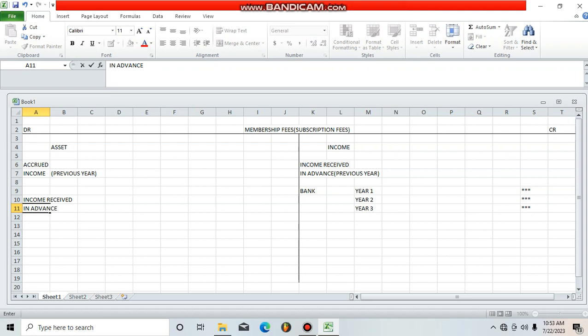This is the current year. Always, guys, please note this: you just take the last amount for the bank received from a member for the third year. They usually give us the first year, second year, and third year, and they don't exceed the third year. You take the amount the way it is and record it here.